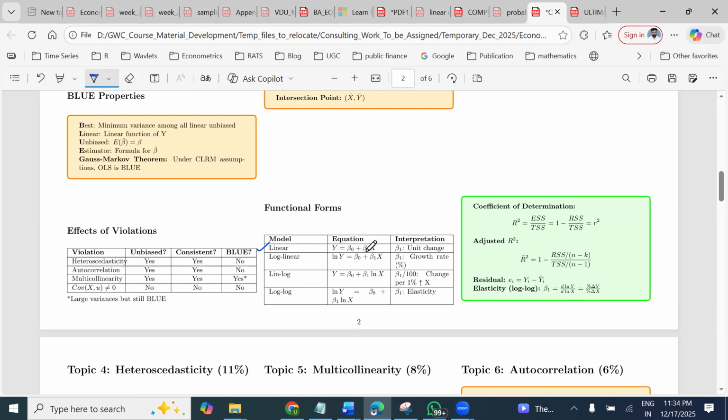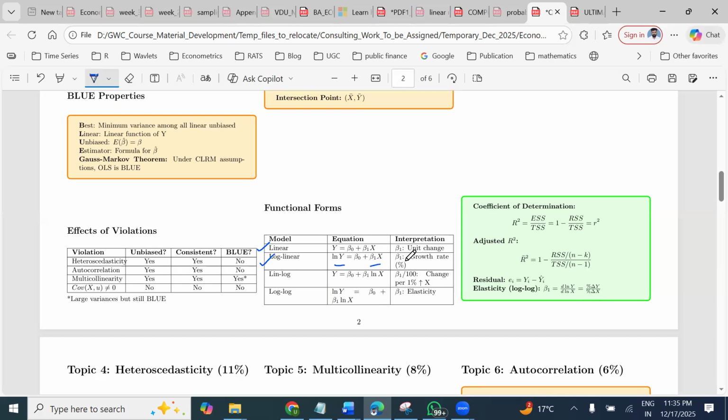The interpretation of the slope is: when x changes by 1 unit, whatever the measurement unit of x is, your y will change by beta 1 times. That is why the change is written here as beta 1. Clear?